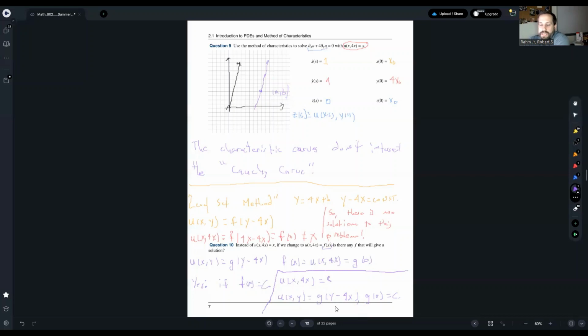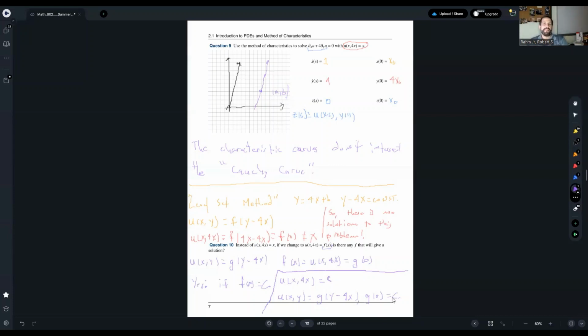So all g needs to be is a continuous function such that g of 0 is equal to C. As long as g is a continuous function with g of 0 equal to C, that's going to be a solution to the PDE. Well, there are many different continuous functions with g of 0 equal to C. Just think about how many different functions satisfy g of 0 equal to C, but are continuous and continuously differentiable.